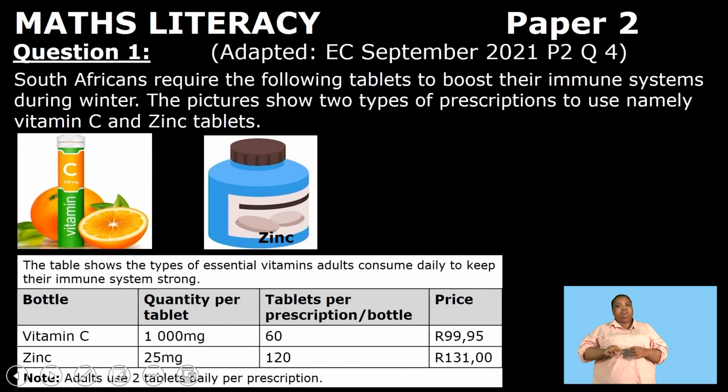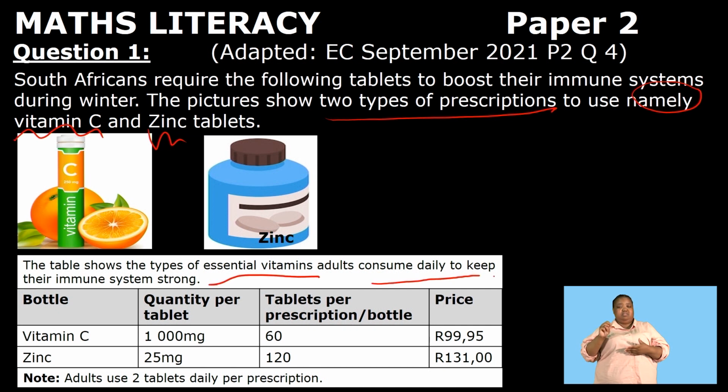A last one. South Africans require the following tablets to boost their immune systems during winter. The pictures show two types of prescriptions to use, namely vitamin C and zinc tablets. Now, the table of the essential vitamins adults need to consume daily is shown in the table.